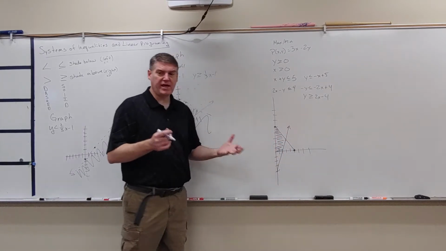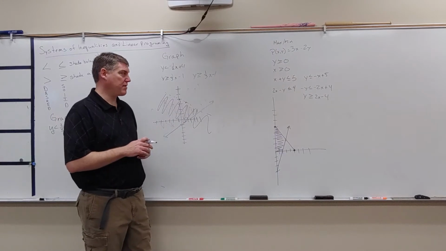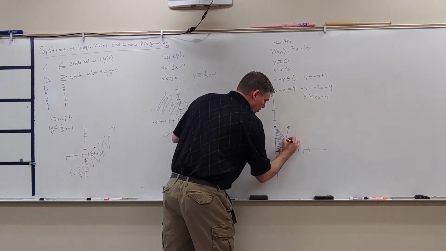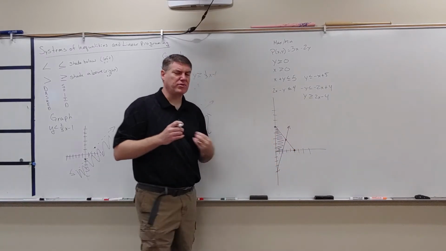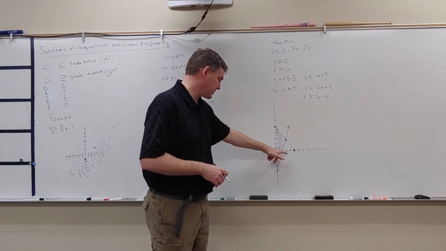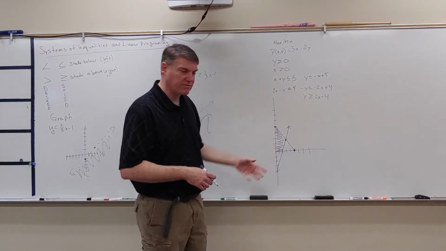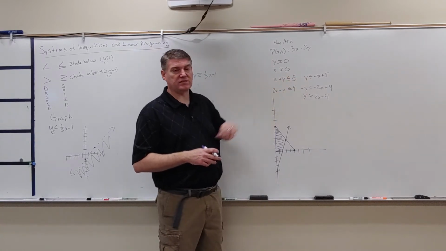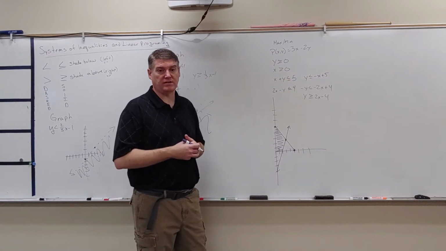Now, I did hand draw this, so I am having a little bit of a problem finding this coordinate right here. I want to be precise on it, okay? So if I look at my graph, it kind of looks like 3, 3, but I notice that I have a little bit of error in there. So what I'm going to do is treat these like lines.